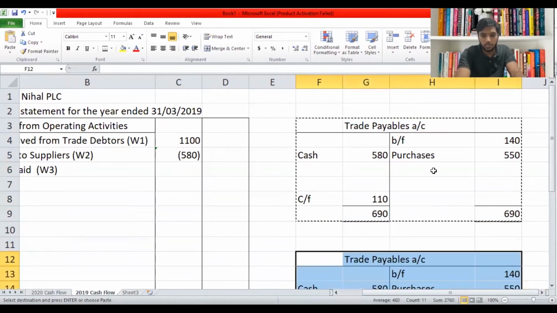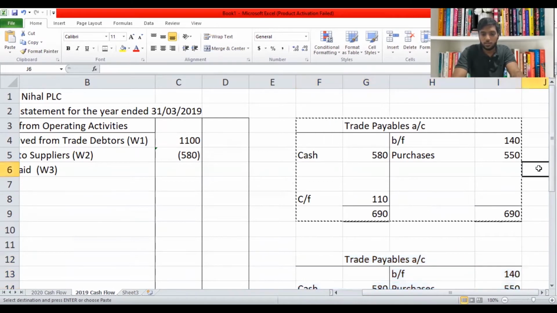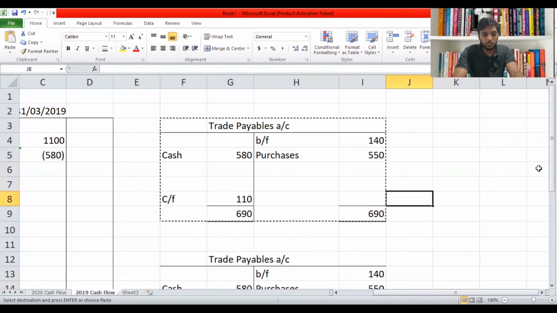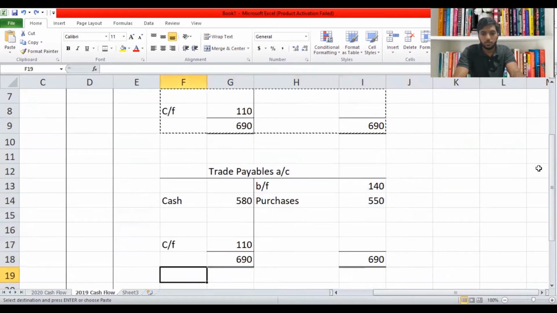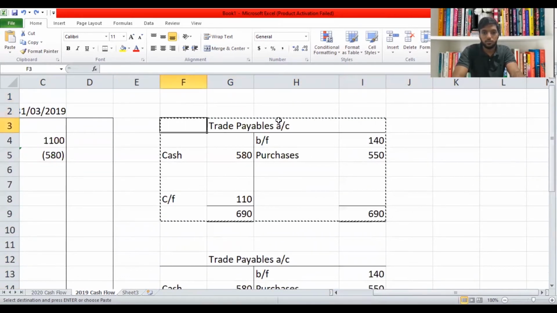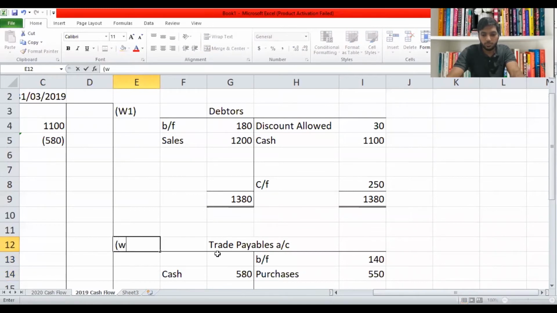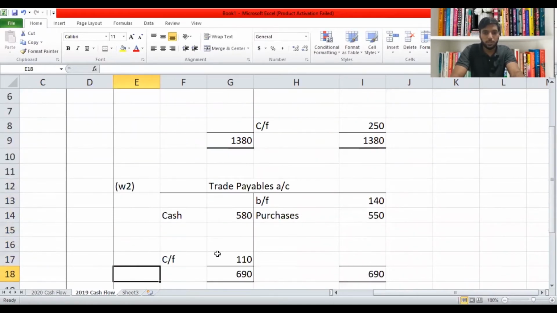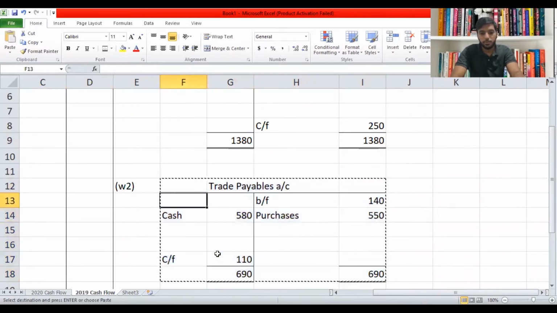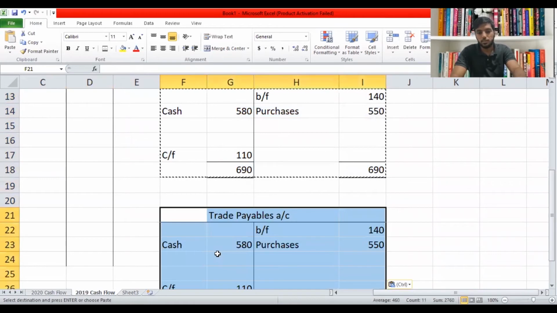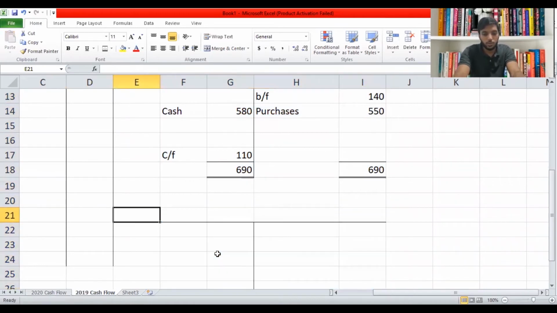So I just have the correct workings, working number 2. Then we'll move on to the next part, guys. The third one, which is the operating expenses we have paid. So I'll write here the third account. Working number 3, right? So working number 3 is the operating expense account.